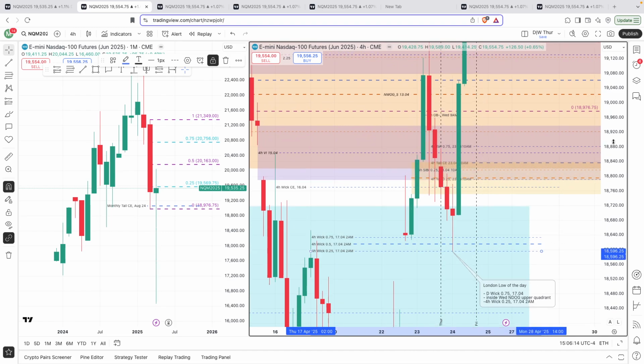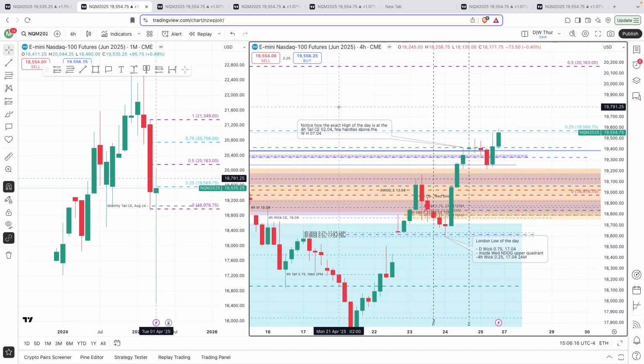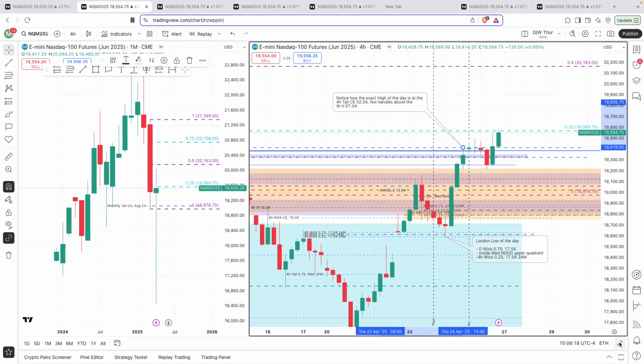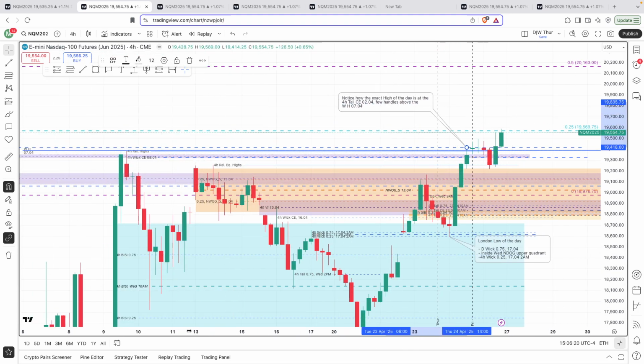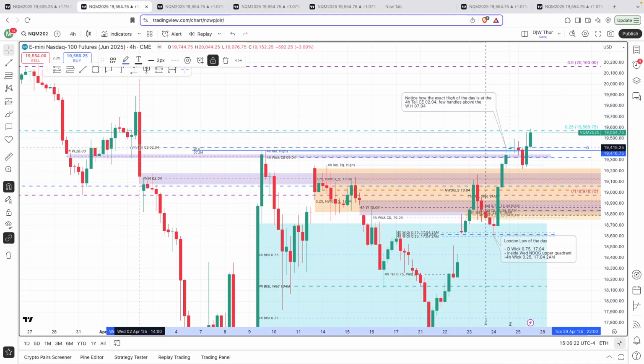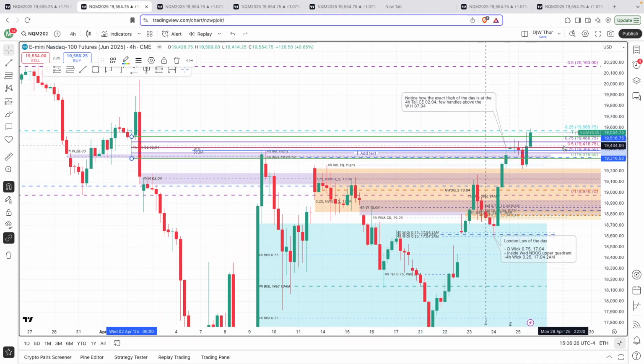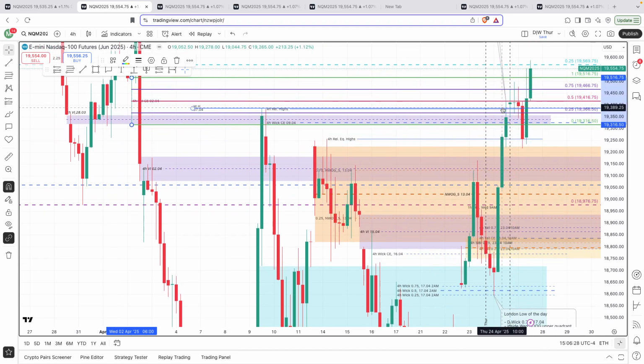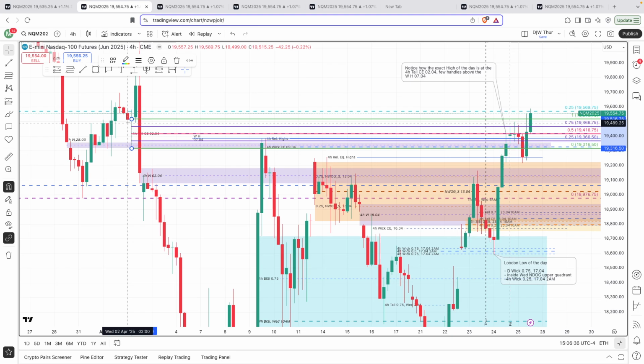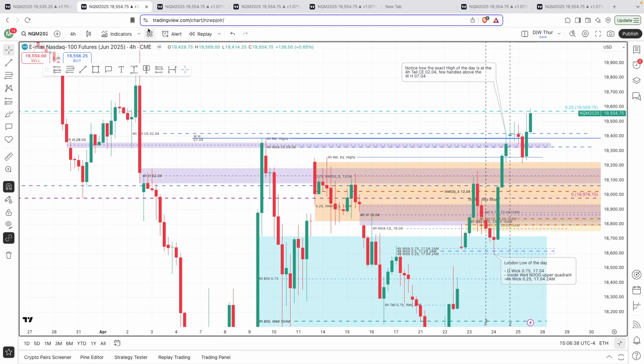Takes this low and price just booms higher. And it takes the weekly high, as we saw. And if we take the consequent encroachment of this tail, we see 416.75. And we see how price goes 1.25 ticks, handles above it. So that was the high of the day.